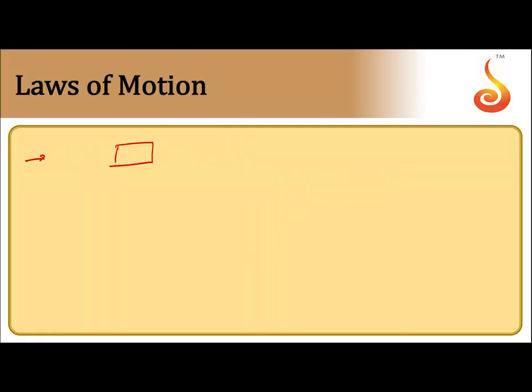This time we have a block connected to a pulley mass system through this arrangement. This is of mass m2, this is of mass m1, and assume that the motion happens along this direction, and this is of course an ideal one.